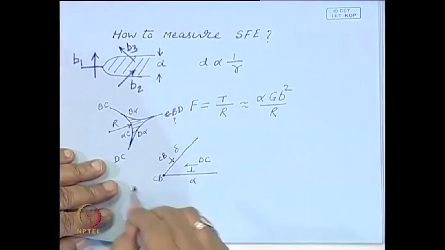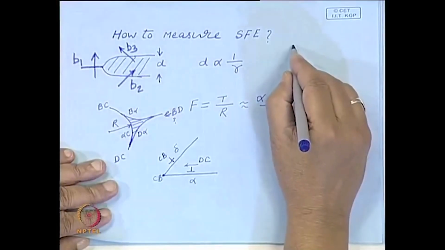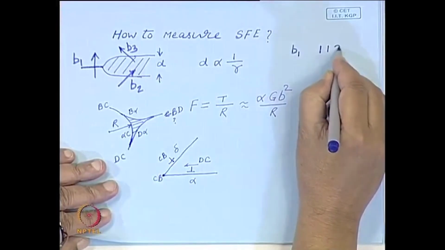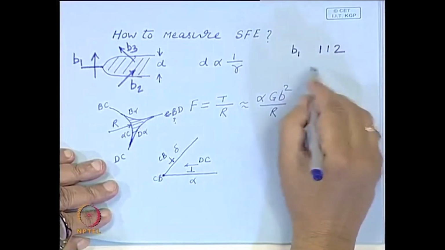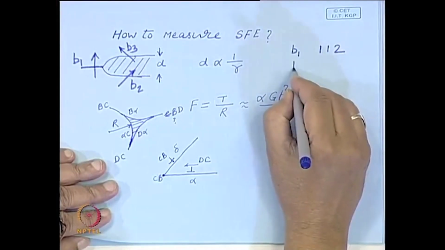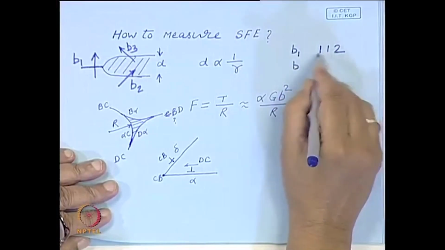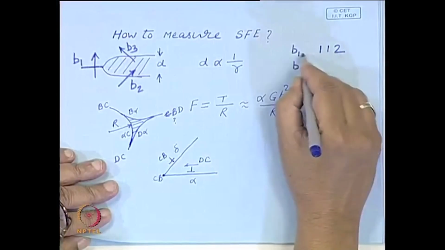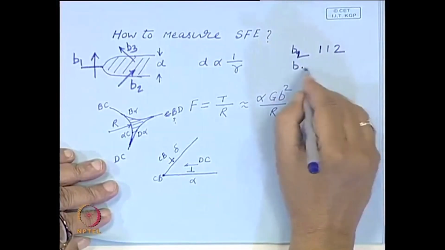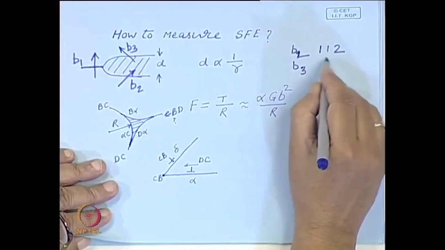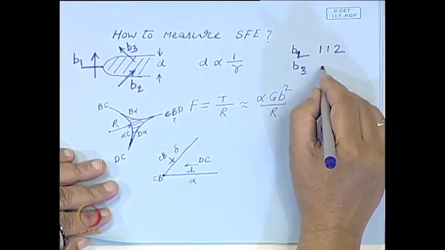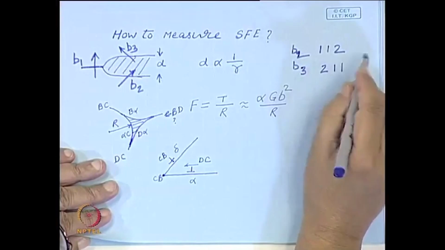B1 and B2 are of the type 1 1 2, both of them. B2 is 1 1 2, and B3 is also another 1 1 2 with a different order, maybe 2 1 1, something like this.